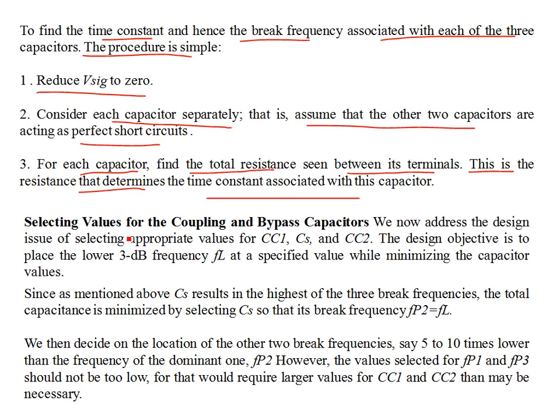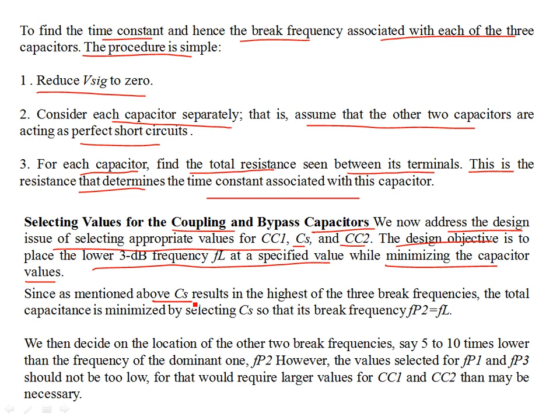So how do you select the values for the coupling capacitors and the bypass capacitors? We now address the design issue of selecting the appropriate values of the coupling and bypass capacitors. The design objective is to place the 3 dB frequency at a specified value while minimizing the capacitor values.